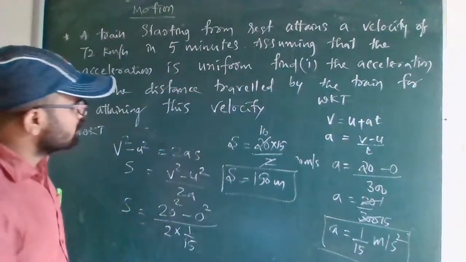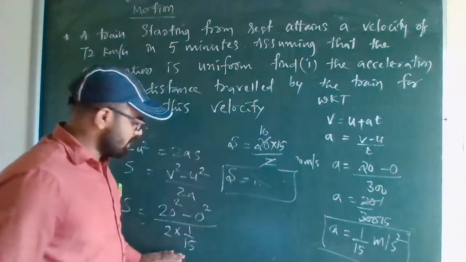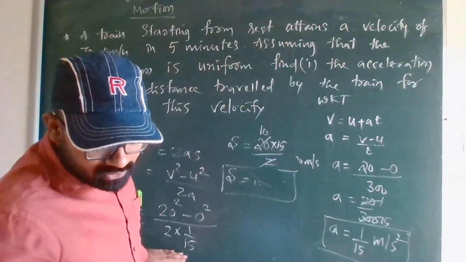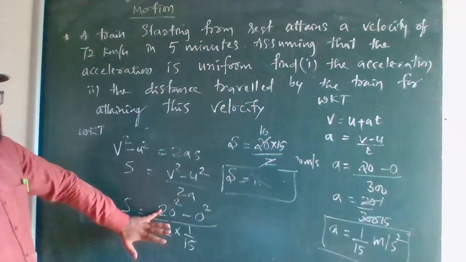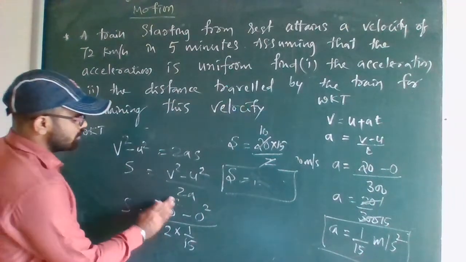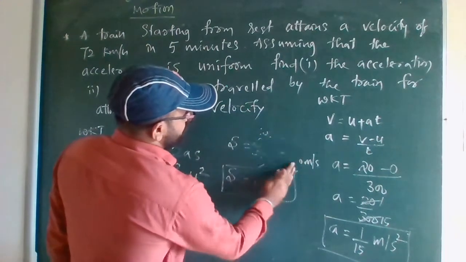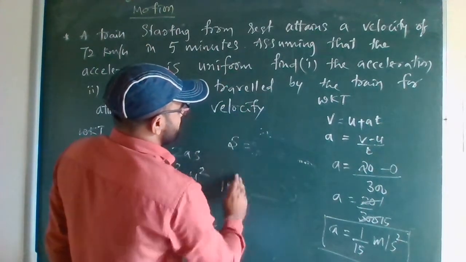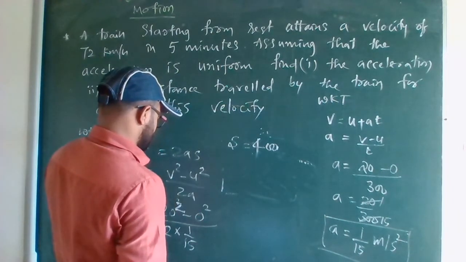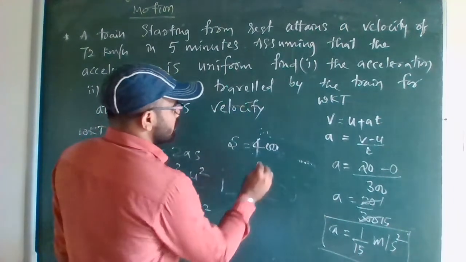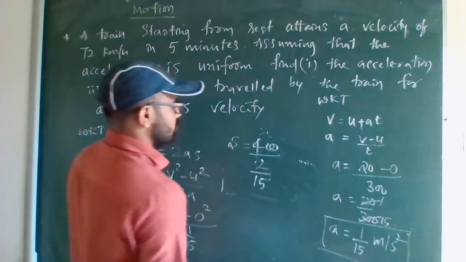Wait, sorry, a little bit. V square is there. This is 20 square, we have not taken that. 20 square means we have to write 20 square. How much is 20 square? 400. Minus 0 square, divided by 2 into 1 by 15.